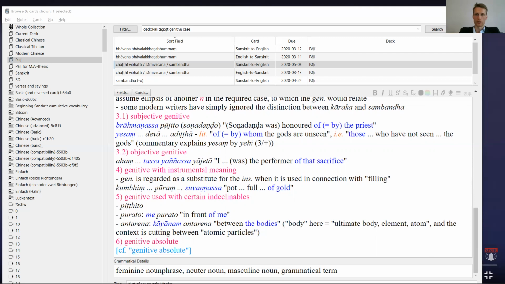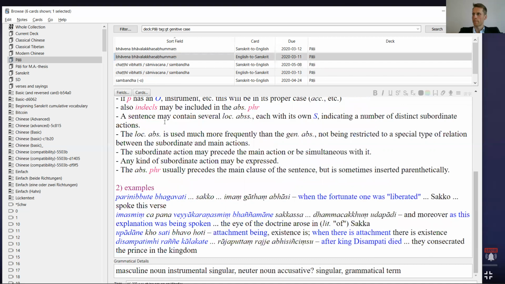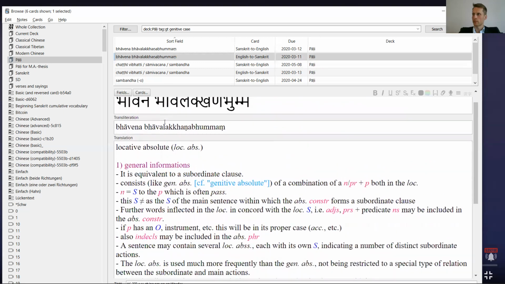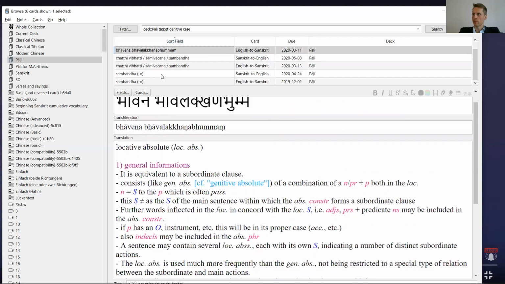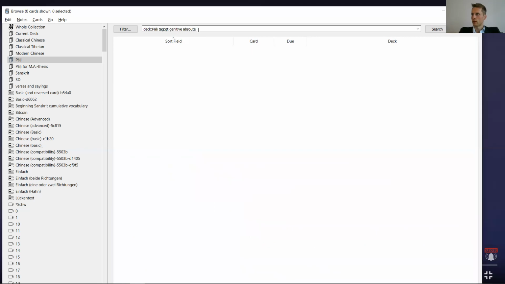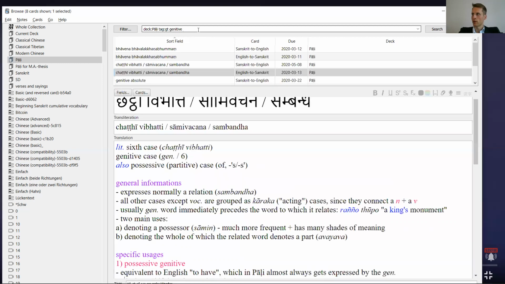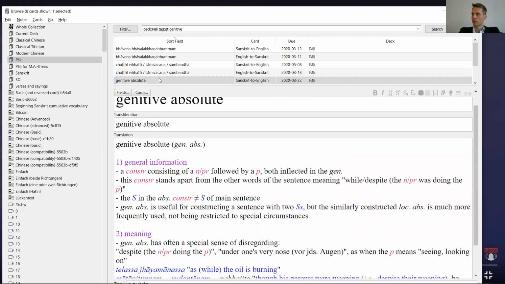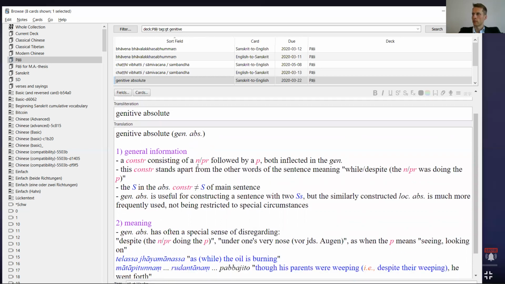The genitive absolute is a construction which consists of a noun and a pronoun, both in the genitive case, or a noun or a pronoun followed by a participle.